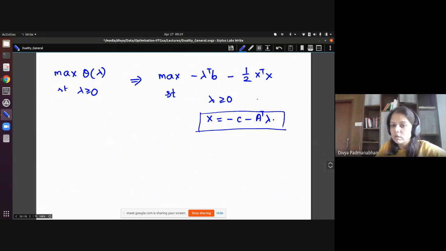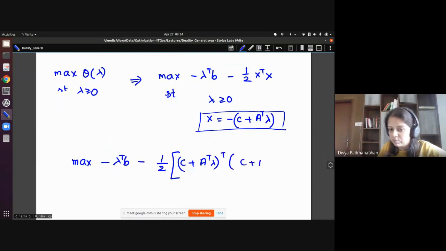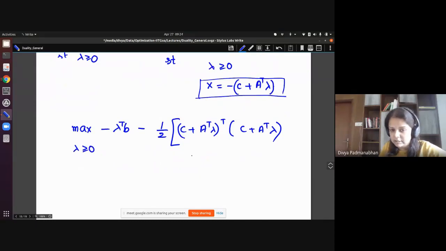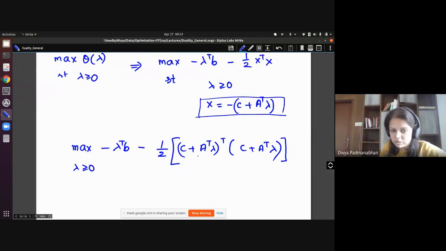So it's maximize minus lambda transpose b minus half times the quantity c plus A transpose lambda, transpose, times c plus A transpose lambda, where the minus and minus go off, subject to lambda greater than or equal to 0. Now you see that there is no x in the objective, so you can completely eliminate it.